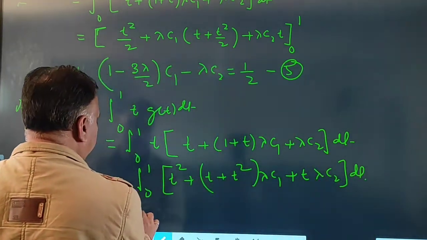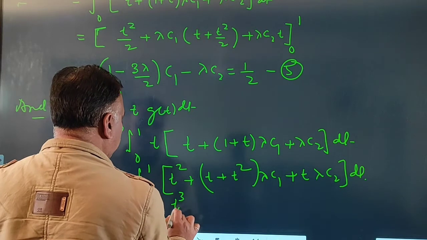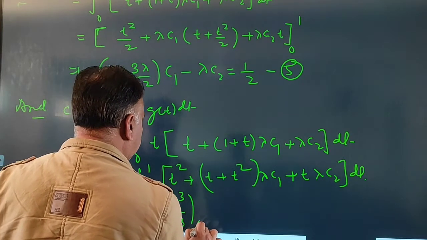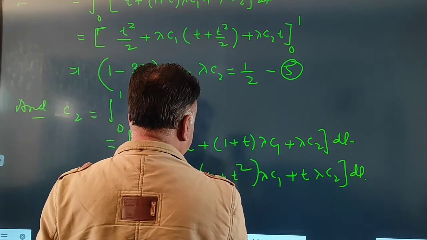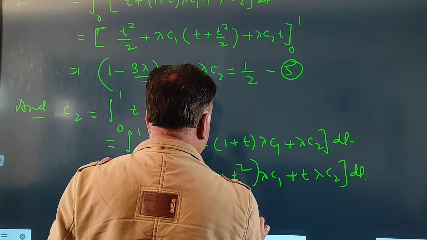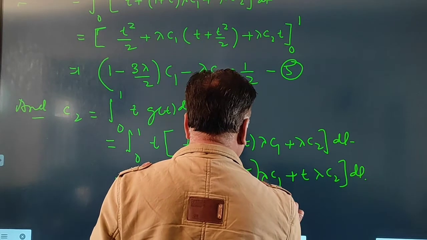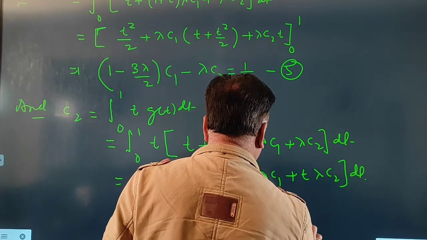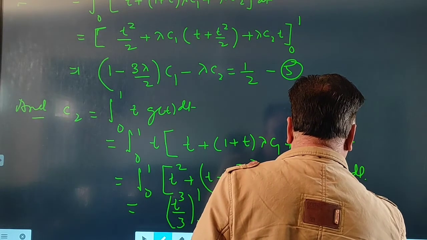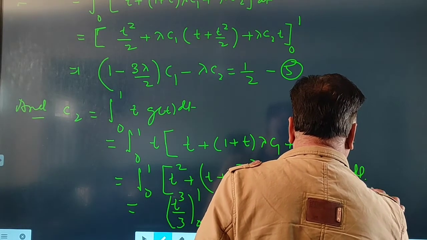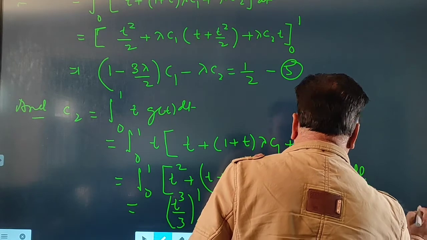Now if we integrate with respect to t, we get t cube by 3, limits from 0 to 1, plus t square by 2 plus t cube by 3, limits from 0 to 1, into lambda c1, plus t square by 2, limits 0 to 1, lambda into c2.